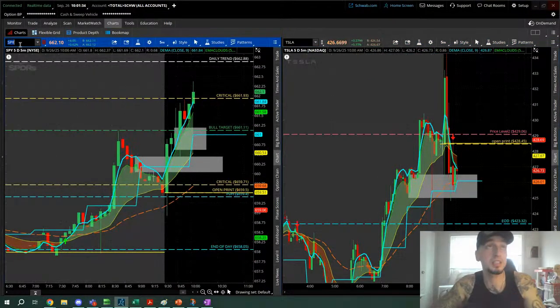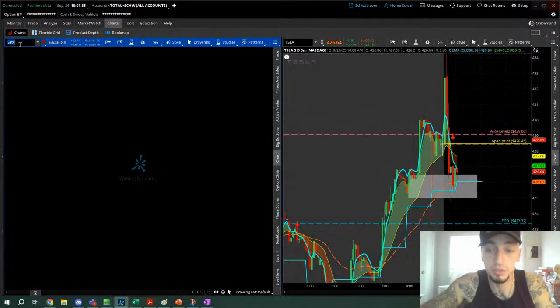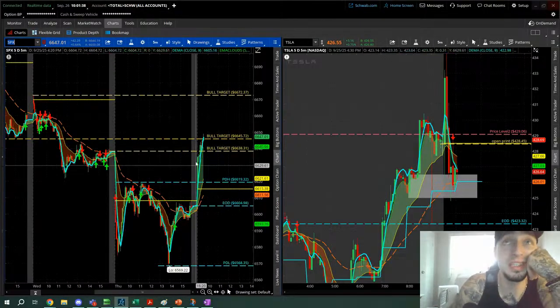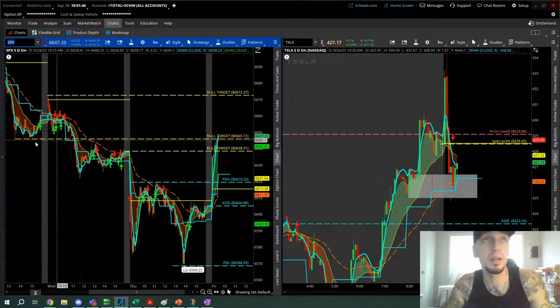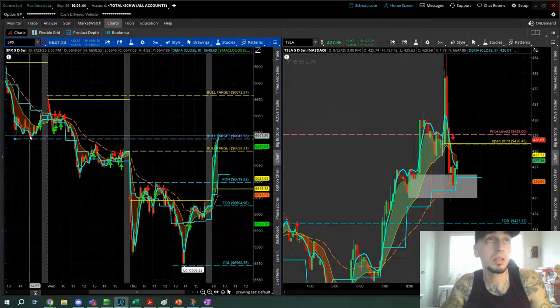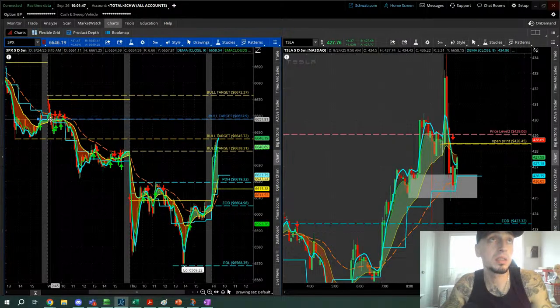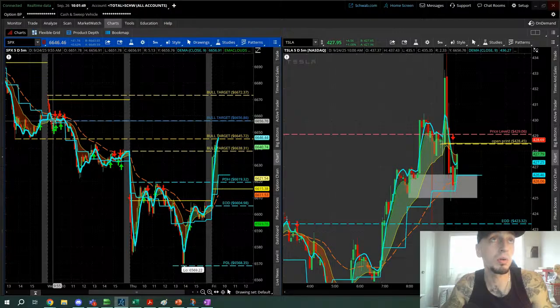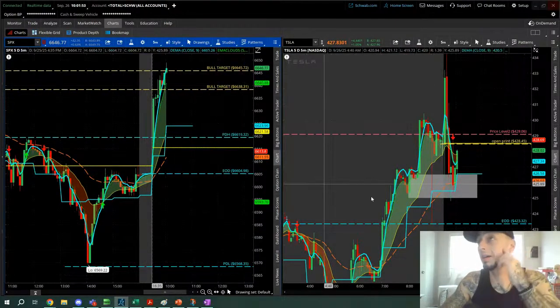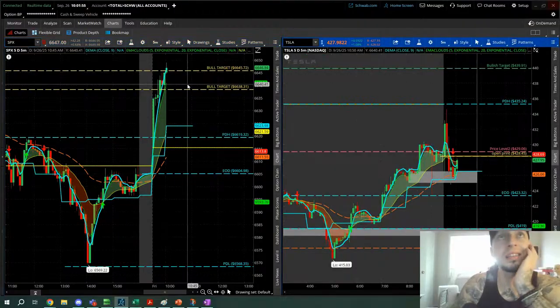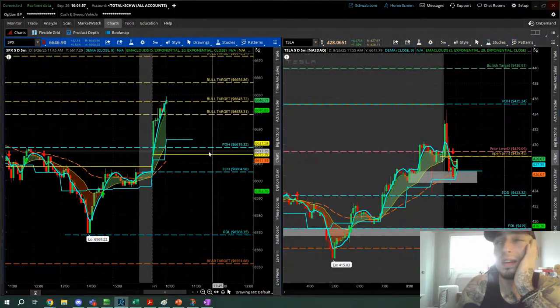All right, let's see what SPX says. SPX. Dude, look at this. This thing's ripping, dude. Oh my Lord. Look at this. Holy smoke. This is a key level right here, though, on SPX. 66.45.